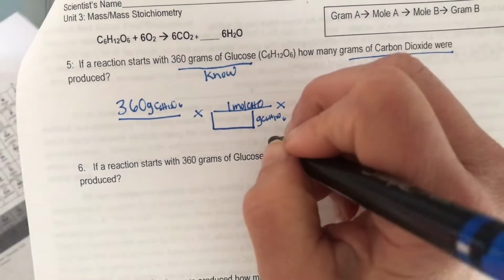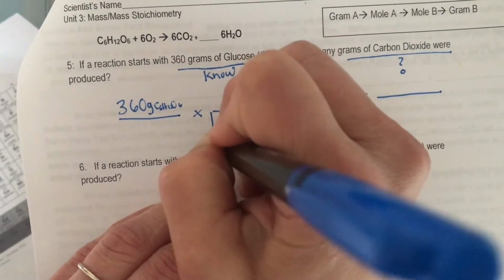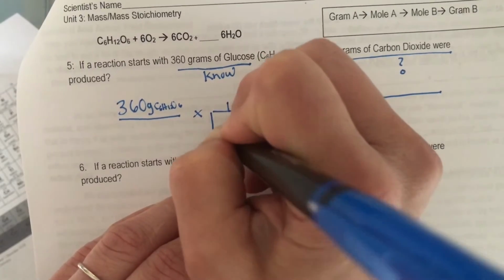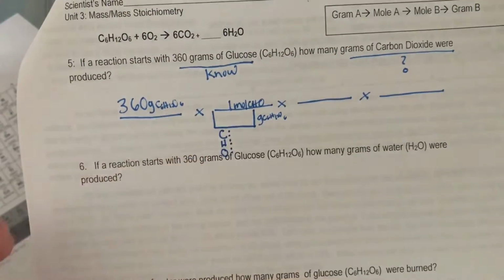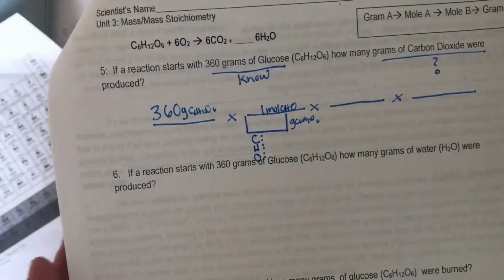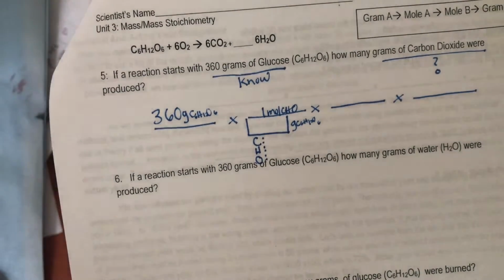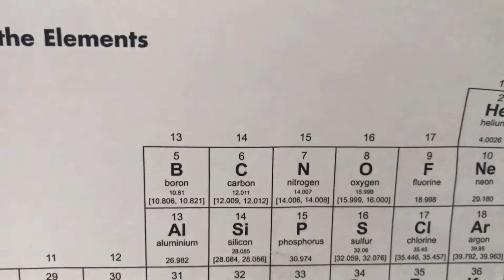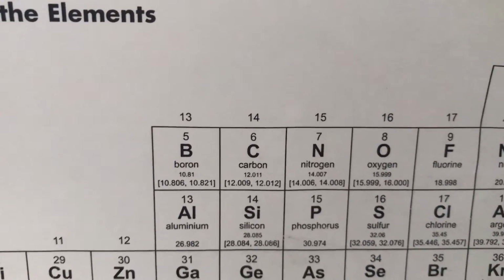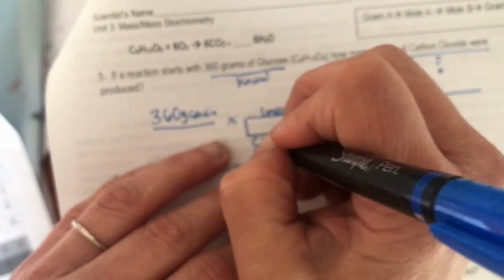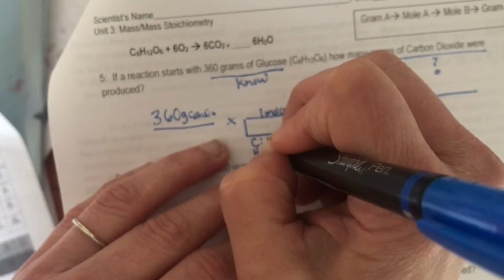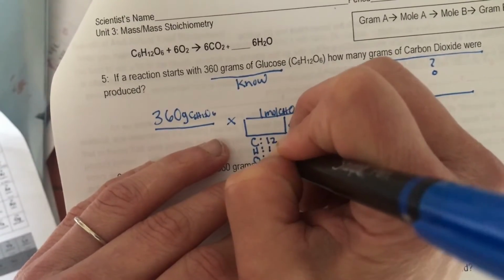So let's look up our masses of C, of H, and of O. And after I've looked up those masses, I'm going to multiply them by the number that there are in that equation. So C has a mass of 12, O 15.999 or 16, and H 1. So C is 12, H is 1, O is 16.